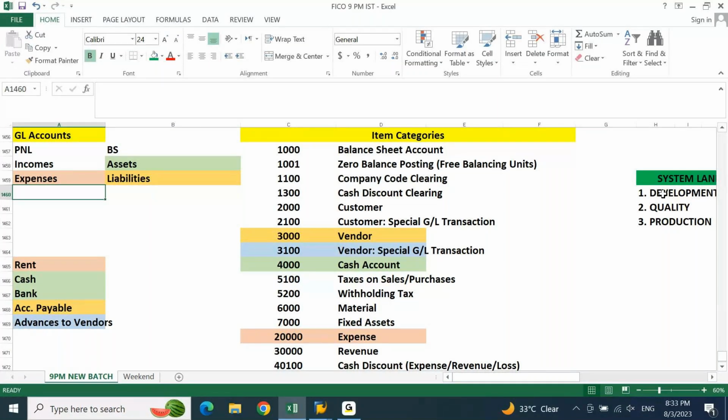What I will do, I will raise a ticket or inform the consultant that I am trying to record this entry, however the system is not allowing me to pass this. Please help me to record this entry. This is very urgent. Now, as a consultant, you will have to see, and your client is telling that I want to debit my customer account. I want to credit my vendor account. I am transferring this amount from customer account to vendor account. Possible or not?